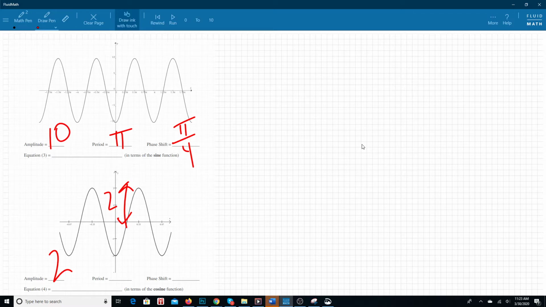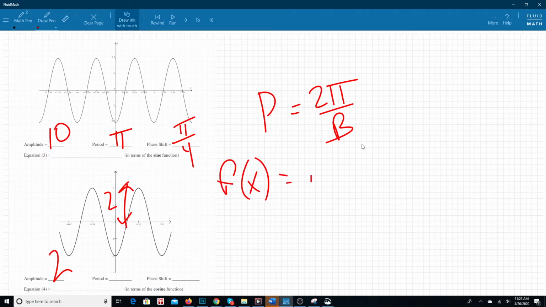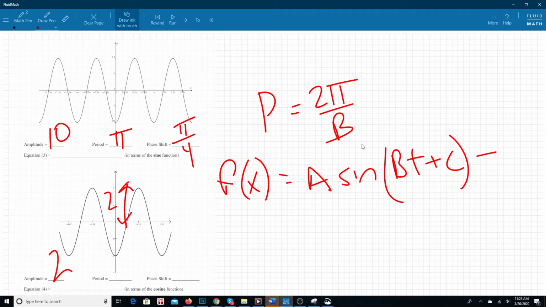Now the period we said before was going to be 2 pi over b. The b in this case right here, again, if we look at it in standard form, f of t equals a sine of b t plus c.